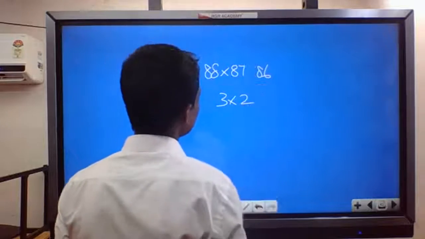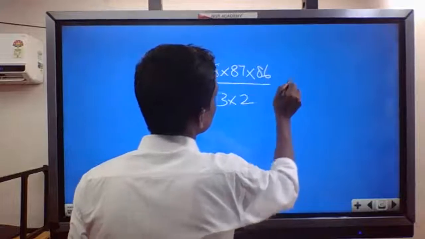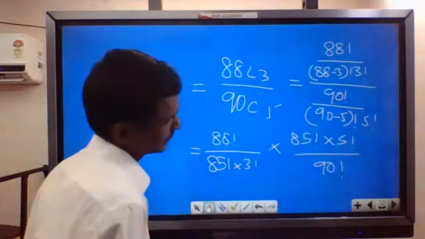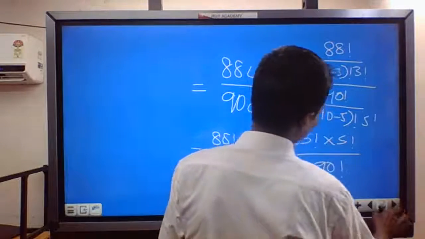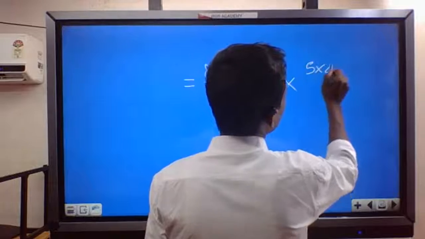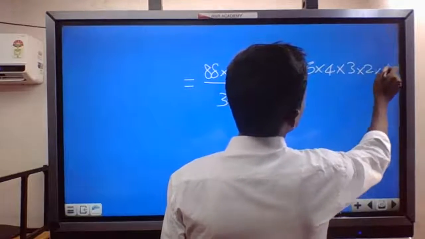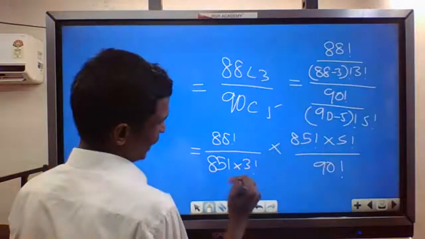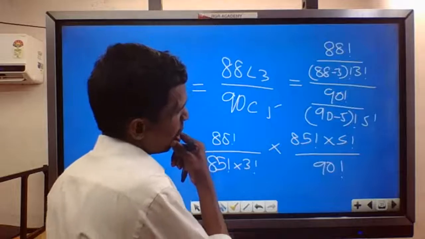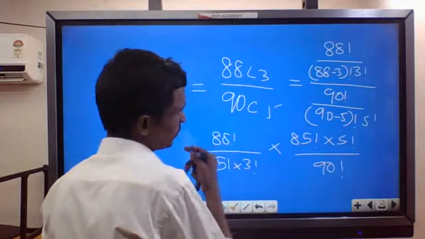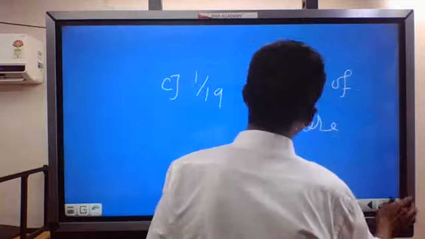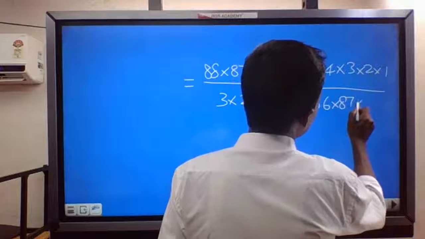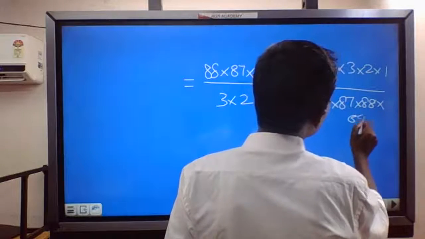In the denominator, 5 factorial is 5 into 4 into 3 into 2 into 1, and the numerator runs from 86, 87, 88, 89 into 90.